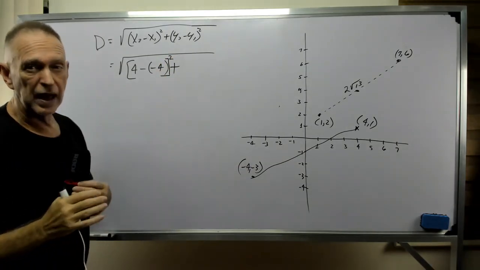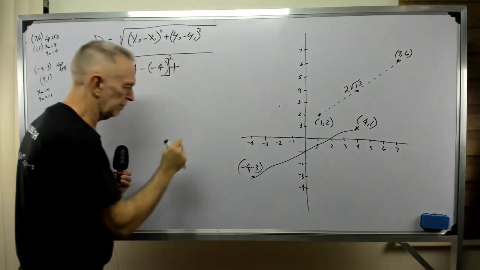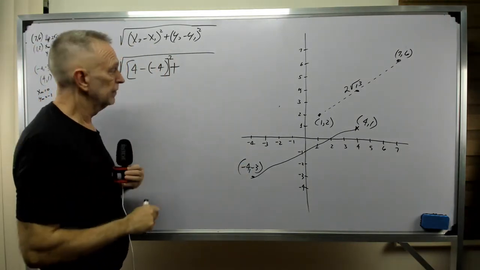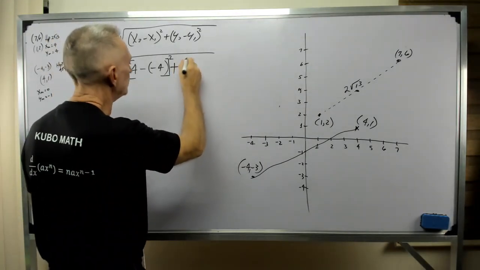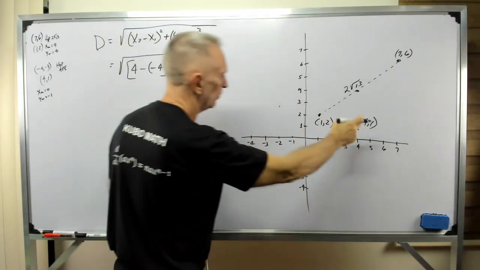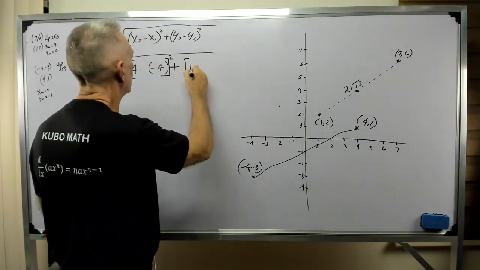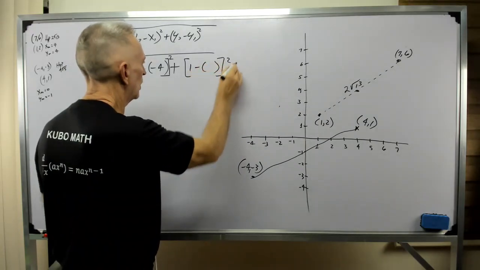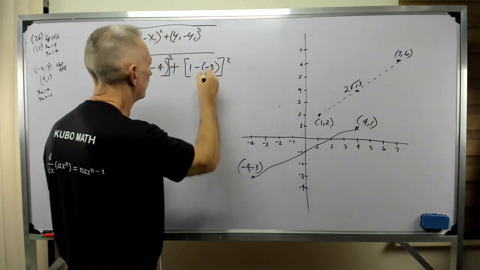Sometimes that's where the algebraic mistakes happen. Oh, 4 minus 4? It's not 4 minus 4. It's 4 minus a negative 4. Okay? Plus y sub 2, which was 1. 1 minus something squared. And that something is a negative 3.